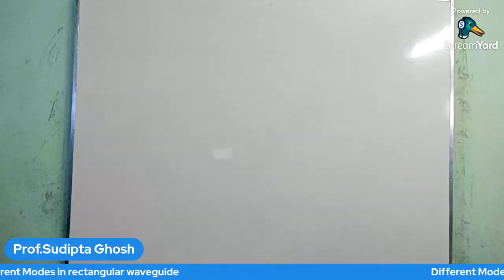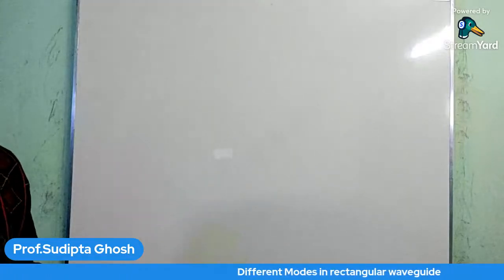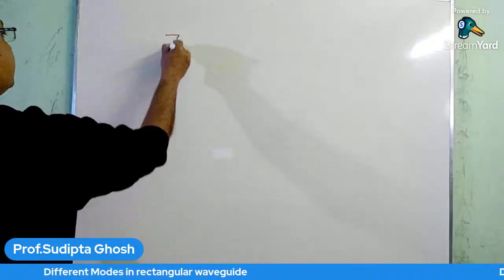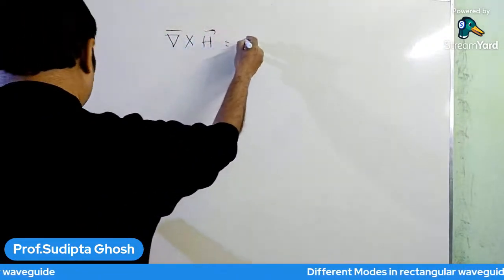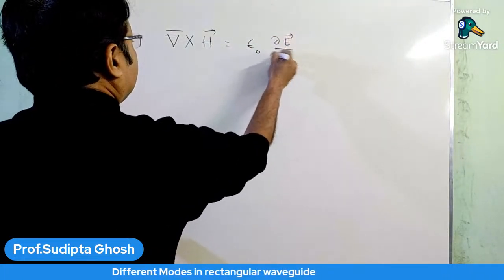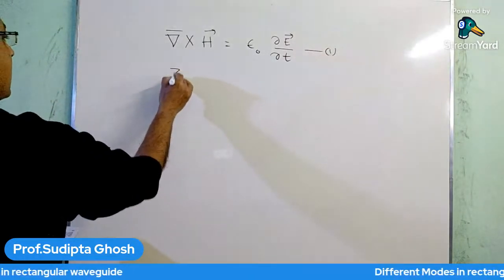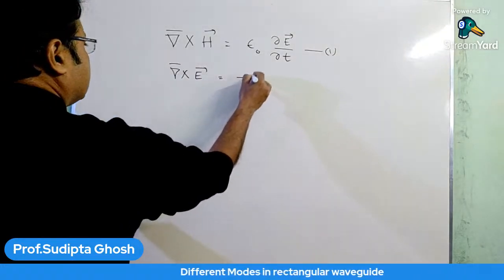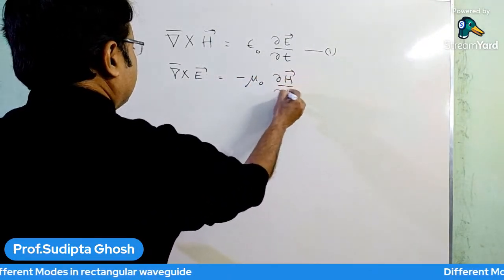So the Maxwell's equations which are applicable for the region inside the waveguide will be curl of H equals epsilon 0 del E del t. Let it be equation number 1. Then curl of E equals minus mu 0 into del H del t.